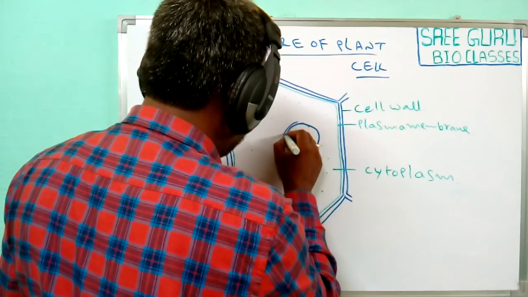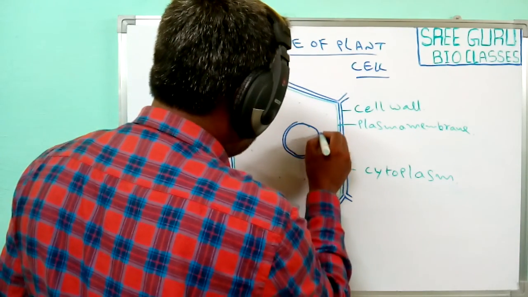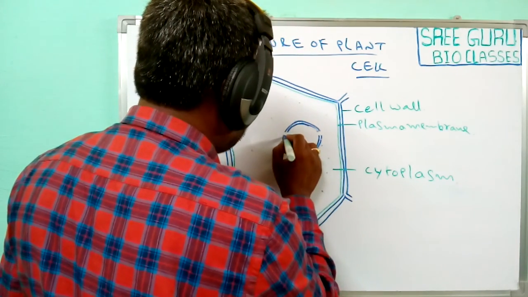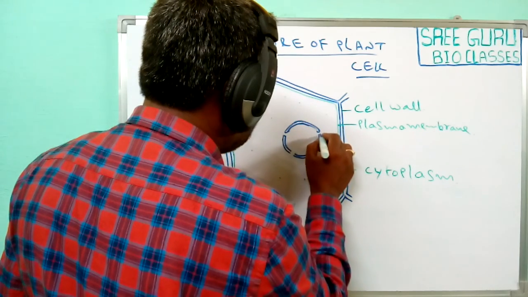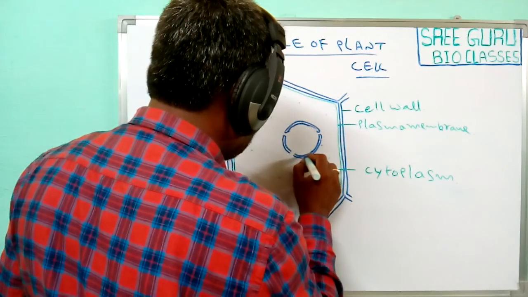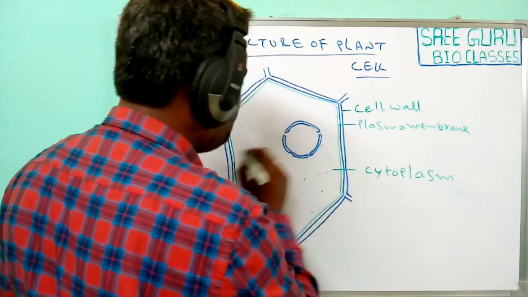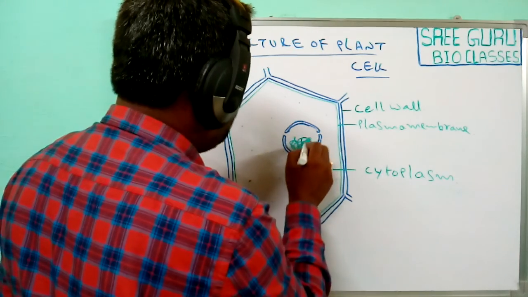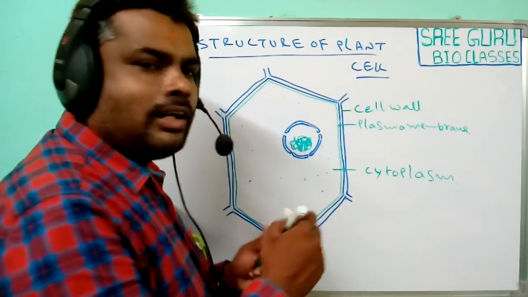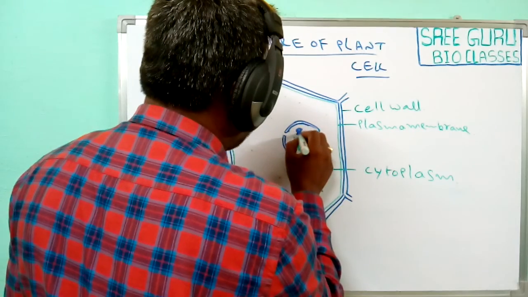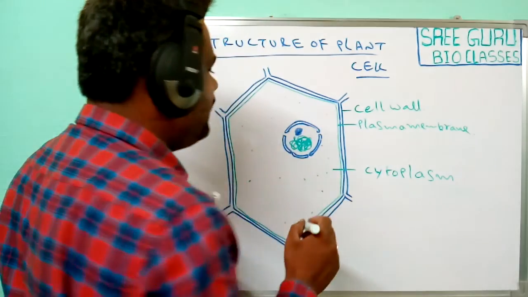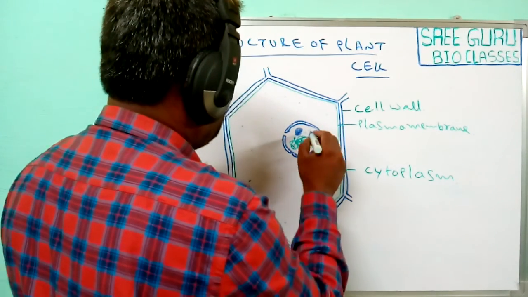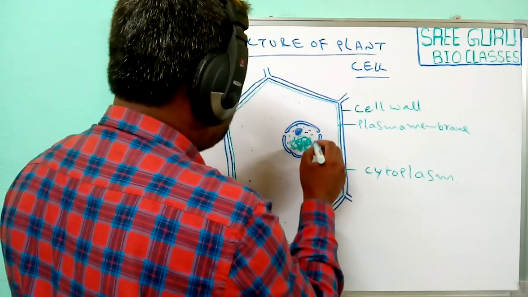The nucleus is a double membrane bound structure. The nucleus has genetic material. In addition to this genetic material, the nucleus also has another important structure, known as the nucleolus.